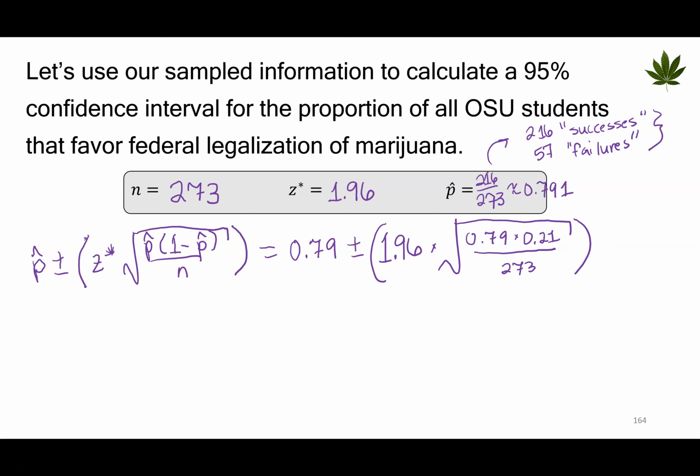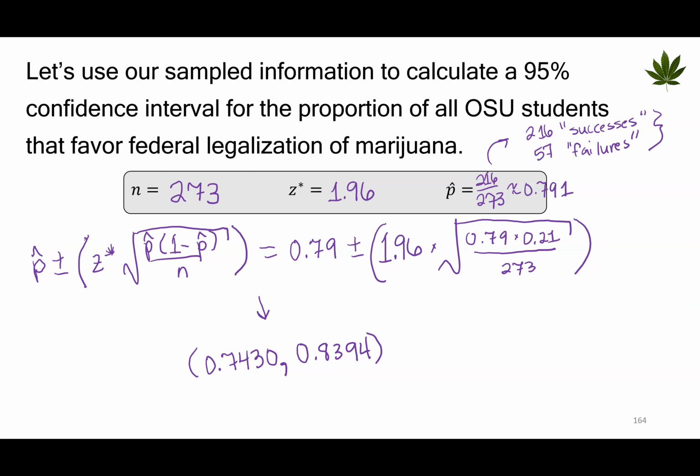Plug into a calculator. This is definitely not doing your head math, at least not for me. So without any rounding until the very end, I got 0.7430 all the way to 0.8394.